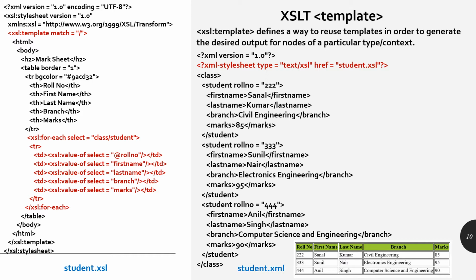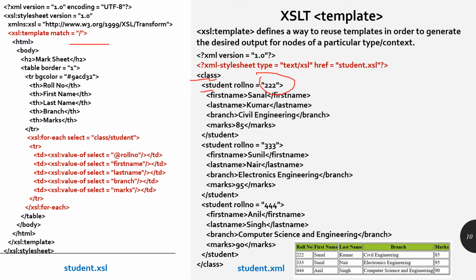Now template matching we are doing here. This specifies it should start from the root. So here the root is class, then student. Based on the register number ID only we are doing this, to perform for the 3 students here.